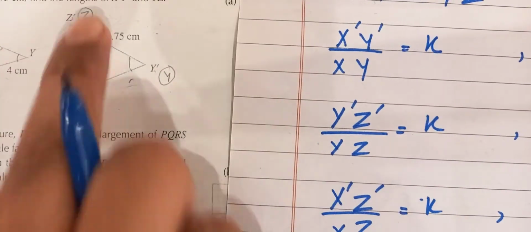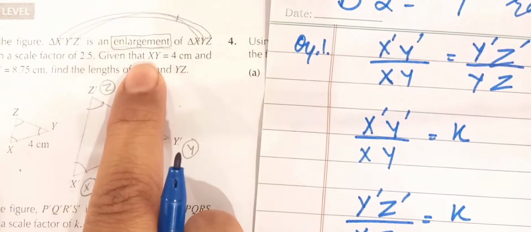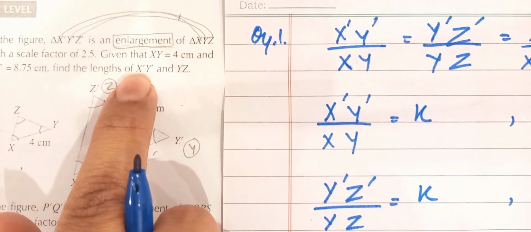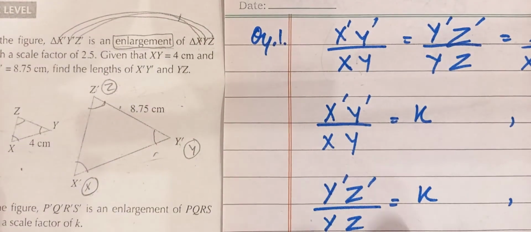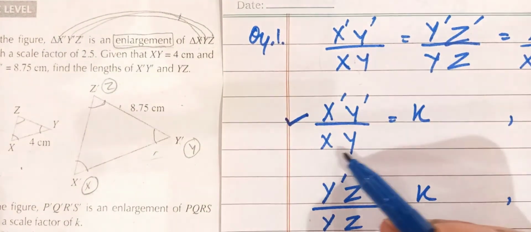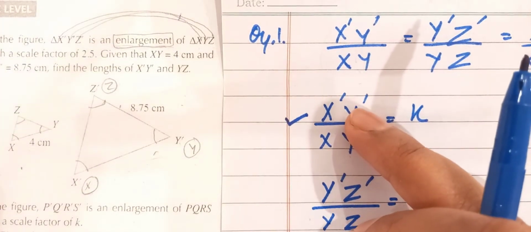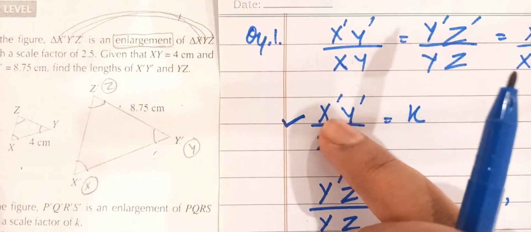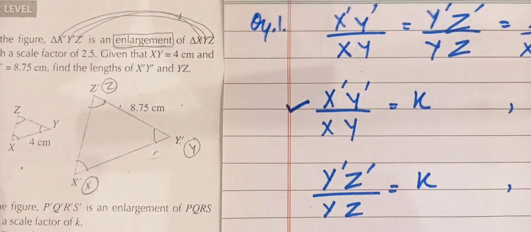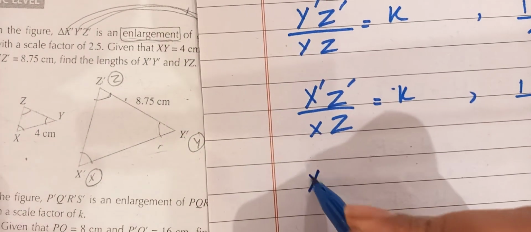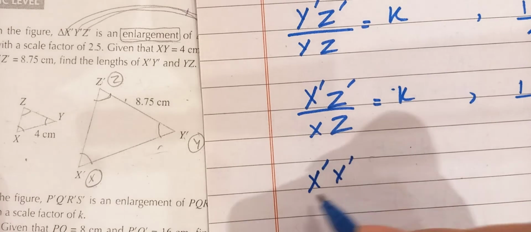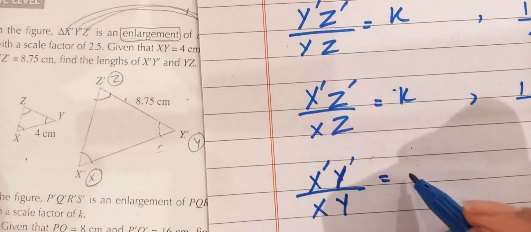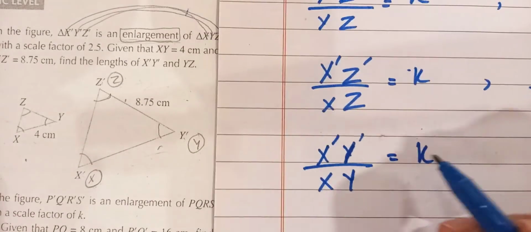Here they have given us xy equal to 4 and we have to find x dash y dash. So I will use x dash y dash over xy. The enlargement should preferably be in the numerator. So x dash y dash over xy is equal to k.